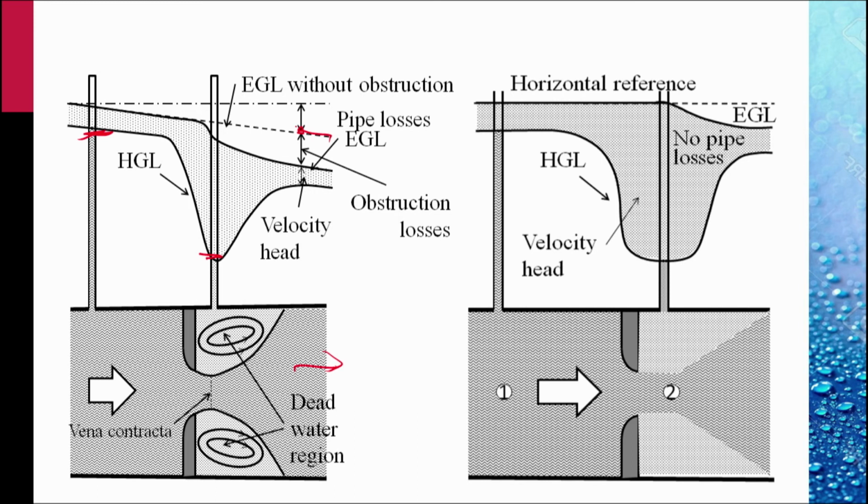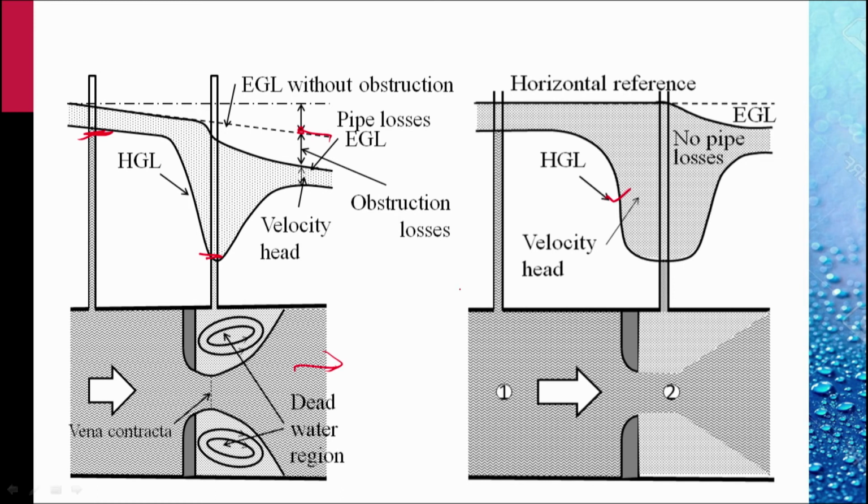So the energy grade line till the second pipe is horizontal, and then it's because of the losses in the eddies that the energy decreases. There are no pipe losses. The hydraulic grade line is quite a bit like this.